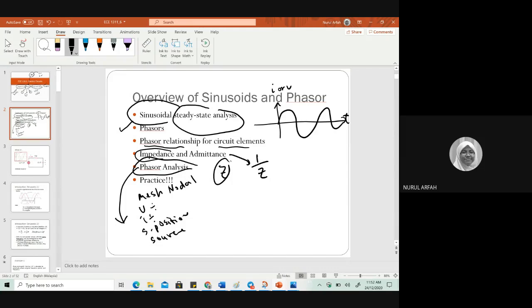So you're going to reapply this using phasor form. It's quite a lengthy subject, but inshallah we're going to finish it within 3 weeks. This is week number 10. We have another 2 weeks, inshallah.